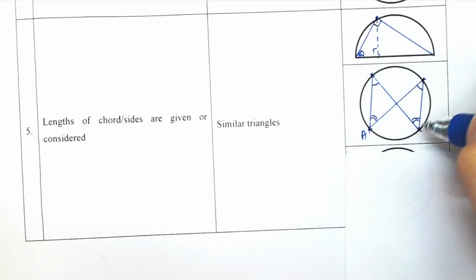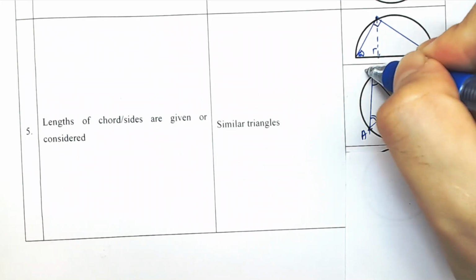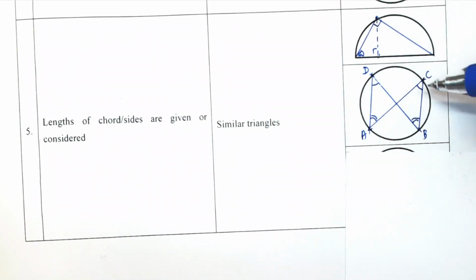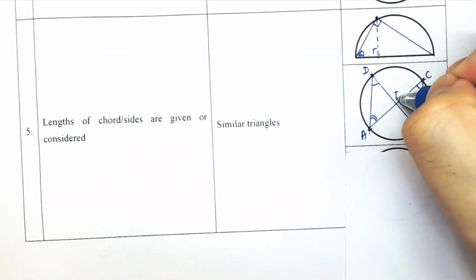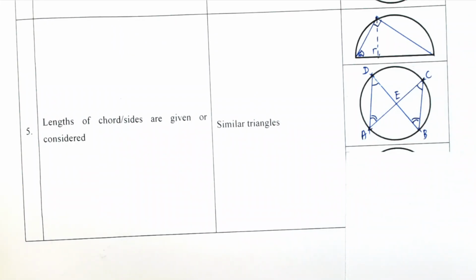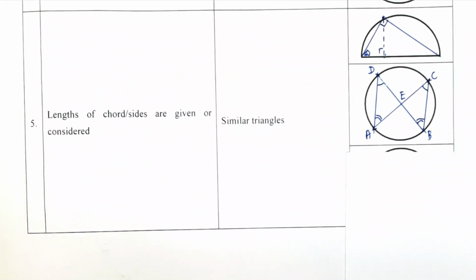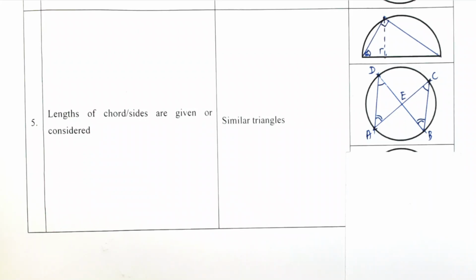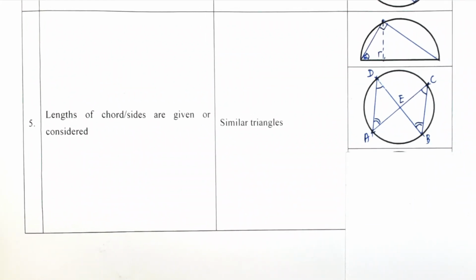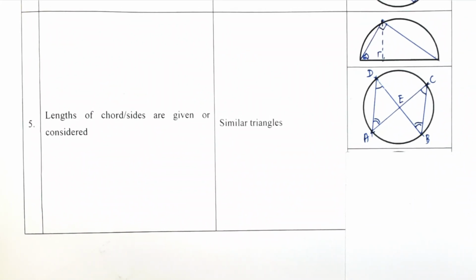Then, let me give you some naming here. Suppose AC and BD intersect at the point E. Then, triangle ADE and triangle BCE are similar. Then you may use the corresponding sides of similar triangles to help you find something related to lengths. Okay?